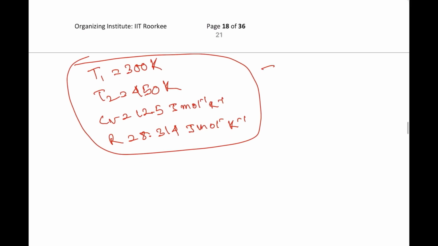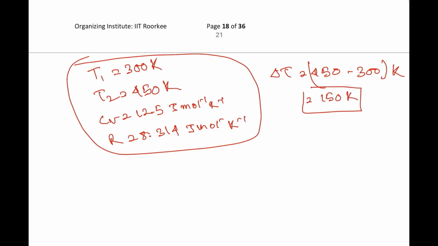So if we calculate the change of temperature, it is 450 minus 300 Kelvin, which is 150 Kelvin.